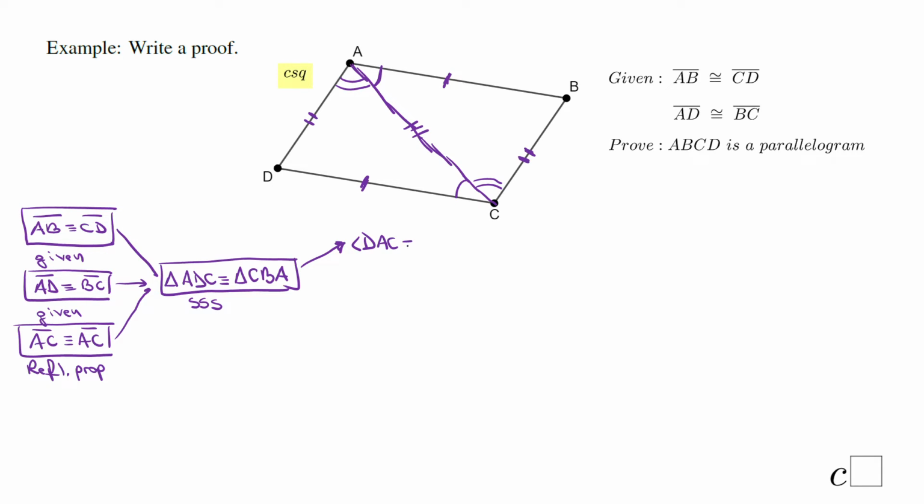DAC congruent to angle BCA. Okay, let me box this, and why we can write this statement, what's the reason? I just mentioned corresponding parts of congruent triangles are congruent. But also we can write another statement very similar, angle ACD, we're going to need both, congruent with angle CAB.